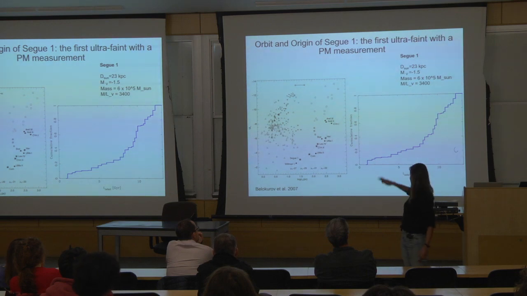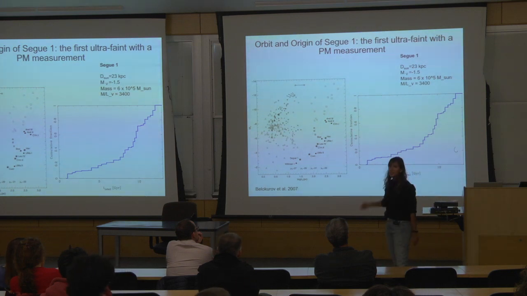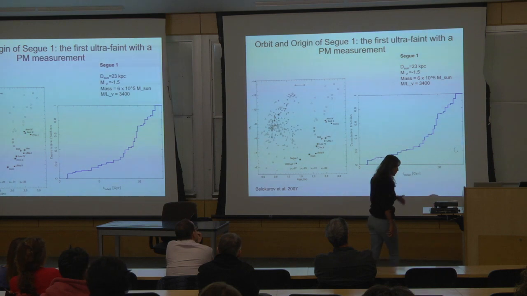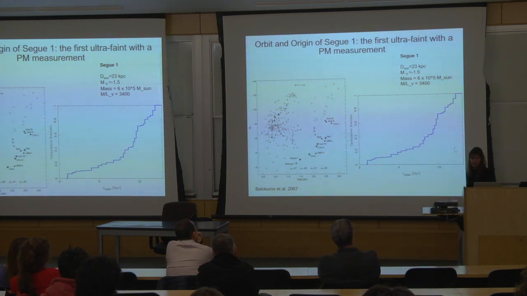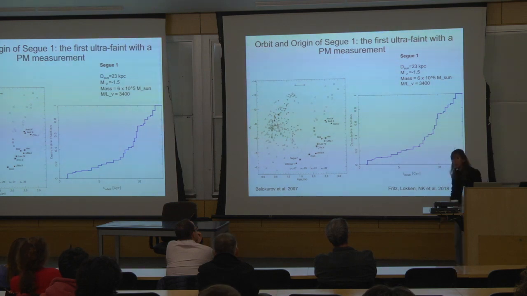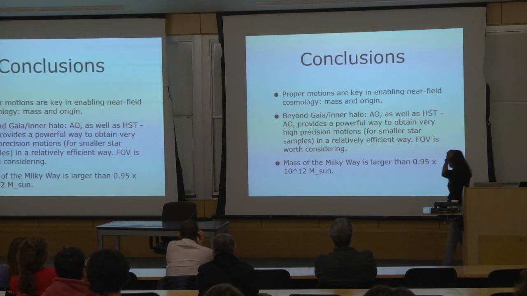It fell in early to the Milky Way, but the reason it hasn't been disrupted is because it's on this fairly circular orbit that we measure. So it's been able to live for a long time because it never gets that close to the Milky Way disk. This is actually the paper that my undergrad did really awesome work on. So let me just end with that.